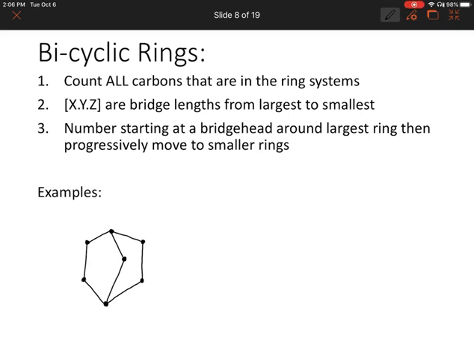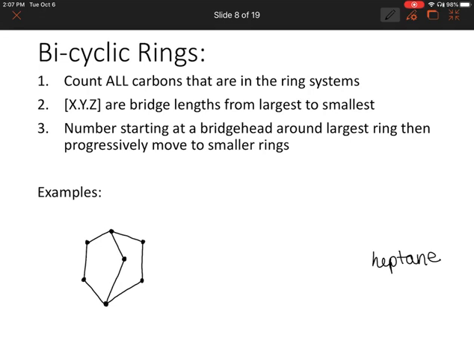Which prefix do we use for 7? Hept, H-E-P-T. Heptane. Now, I'm not going to put cyclo in front of heptane directly because cycloheptane would tell me that I have a 7-carbon ring. But here we have 2 rings, so we have to name this slightly differently.